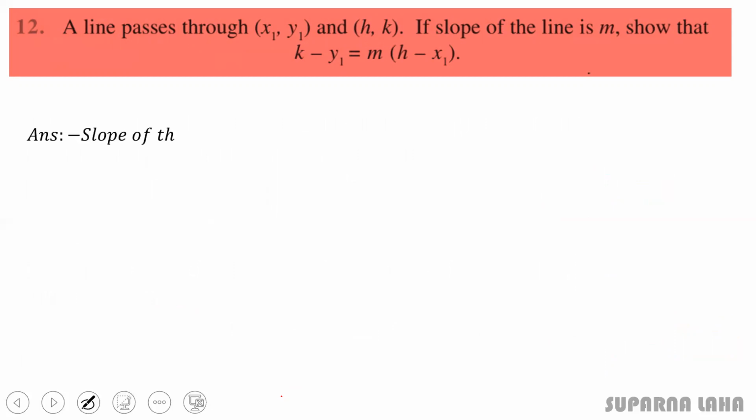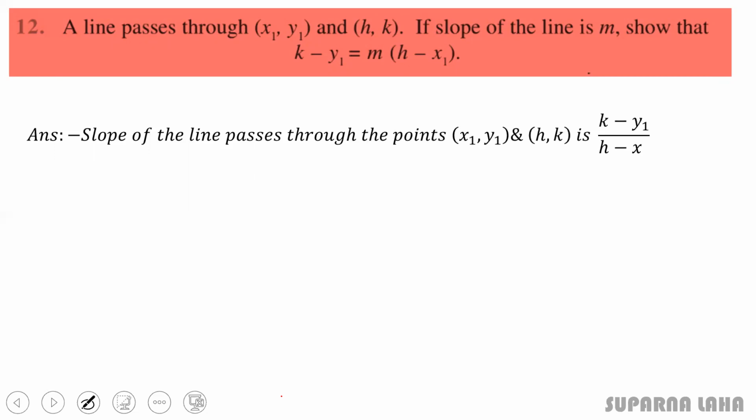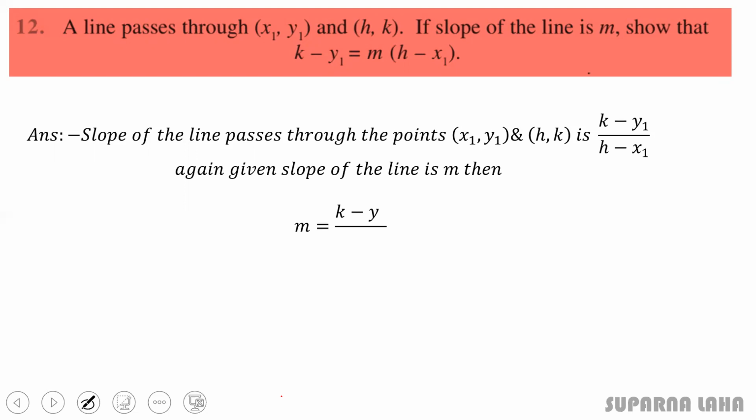The slope is m and it passes through x1, y1 and h, k. So y2 minus y1, that is k minus y1, by x2 minus x1, that is h minus x1, is given as equal to m. Just write this down and simplify it, that is, cross multiply it, and you will find the answer. Proved.